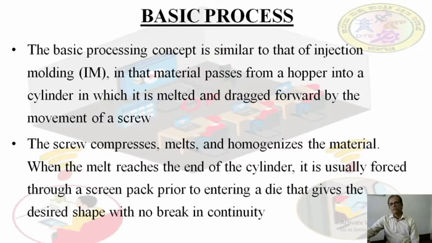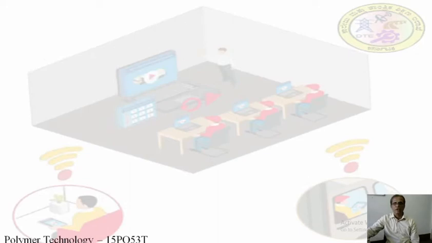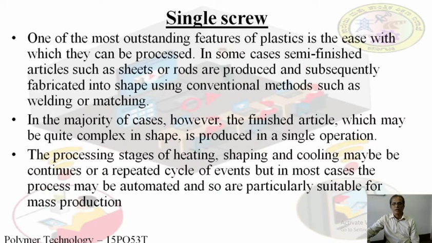When the melt reaches the end of the cylinder, it is usually forced through a screen pack prior to entering a die that gives the desired shape with no break in continuity. Most commonly used extruders are single screw extruders.